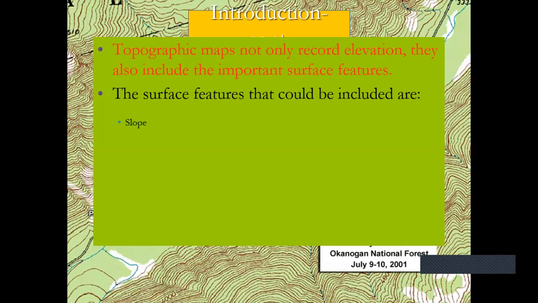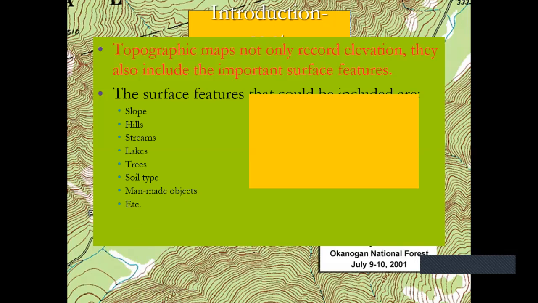These are slope, hills, streams, lakes, trees, soil type, man-made objects, and etc. So in summary, you can say topographic maps contain all the natural and man-made features existing on the surface of the earth.